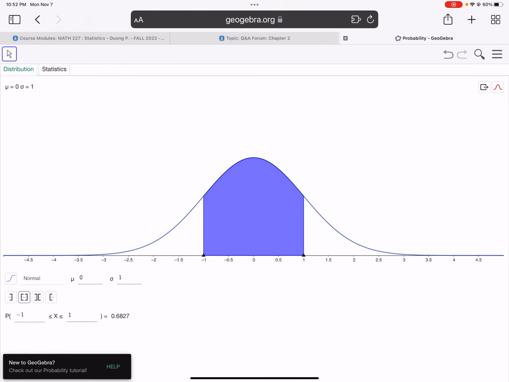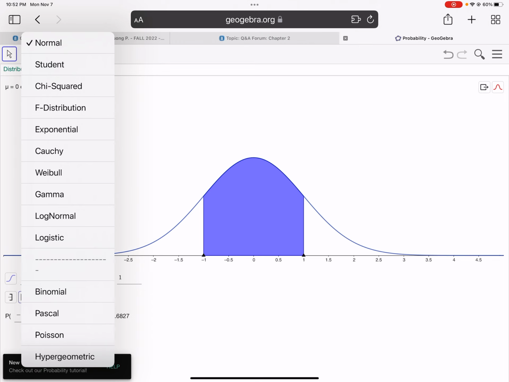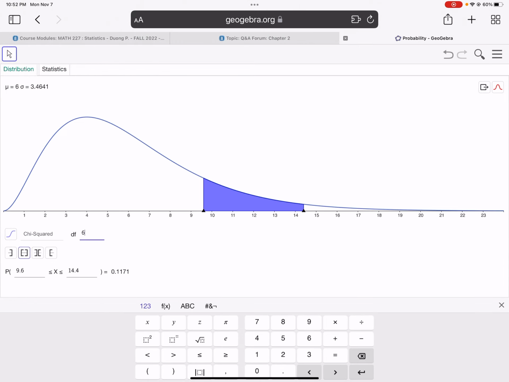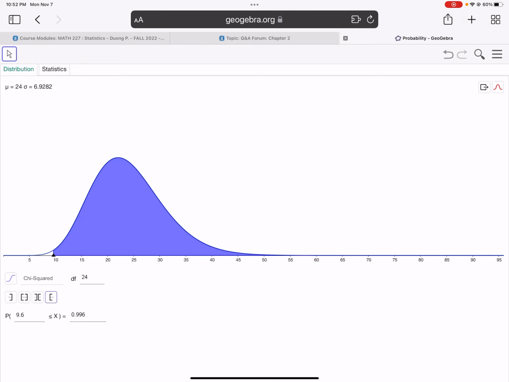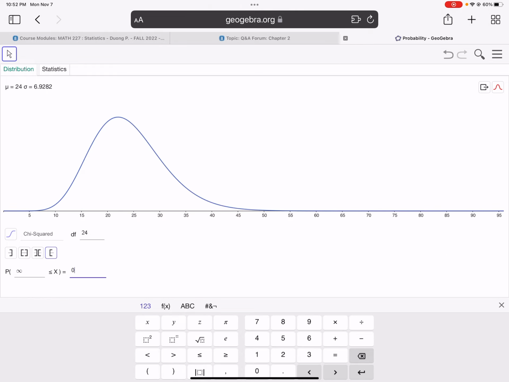Now we will click on the chi-square. Since we have 25 for n, the degree of freedom is 24. We can do the right tail first. We put 0.025, so we got 39.36.